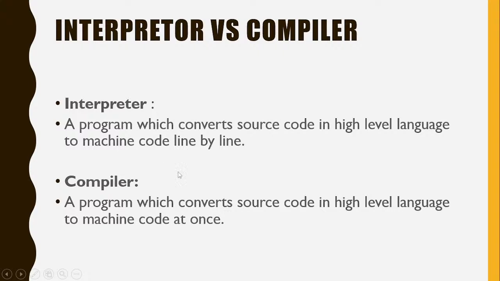The interpreter and compiler help us to make our computer understand what we are trying to say, and they translate from our high level language to machine language. They both are our helpers. Either it can be an interpreter which converts, or it can be a compiler which converts.